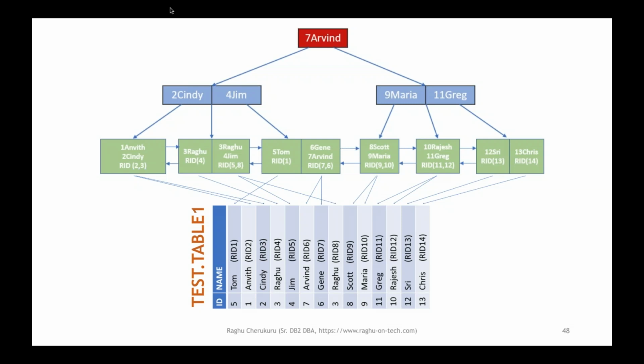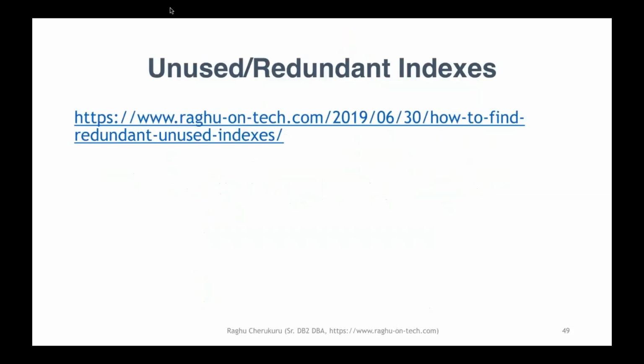Basically, a B-tree has a root node, and anything less than or equal to that root node goes to the left, anything greater goes to the right. This is not an exact implementation of the DB2 B-tree index, but this is the general concept. So you can see why the indexes speed up the queries a lot and help the order by and help with sorting.